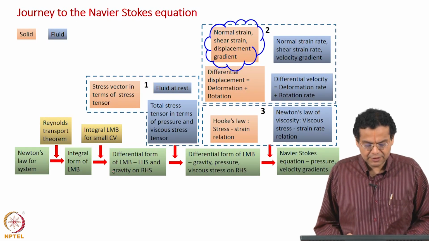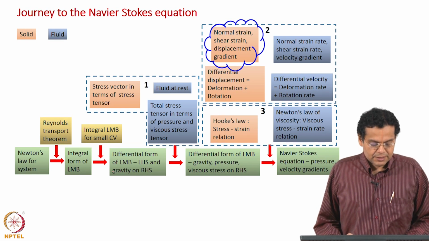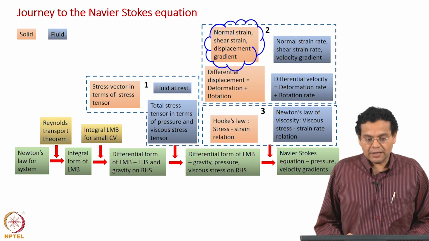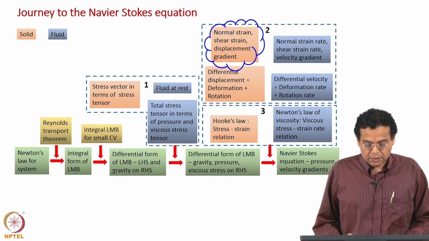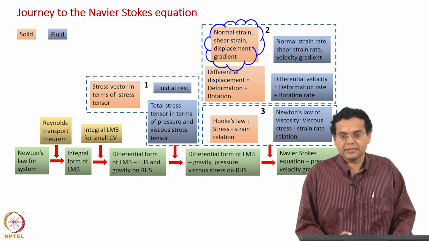In terms of our journey to the Navier-Stokes, we started with Newton's law, obtained the integral form of linear momentum balance, then obtained the differential form of linear momentum balance, the left hand side, and the gravity on the right hand side.